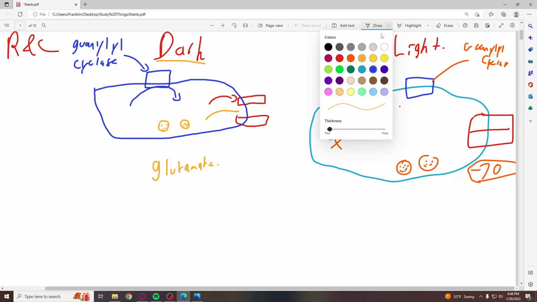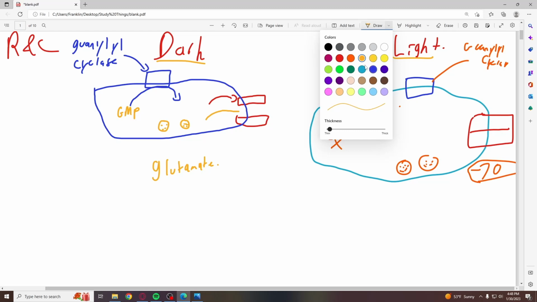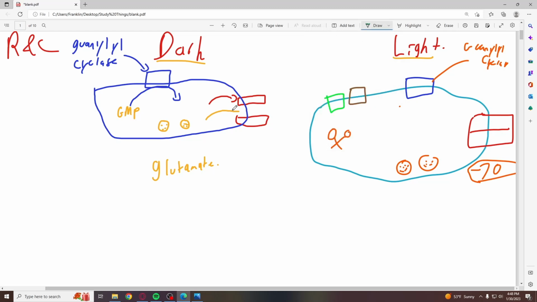So let's start with the dark first. In the cell there is GMP, and we have a protein that will turn it into cGMP, or cyclic GMP, by guanylyl cyclase.